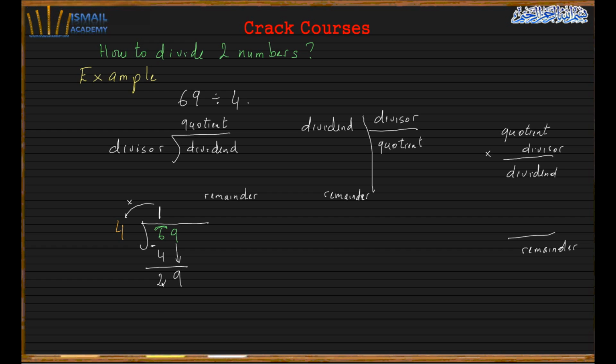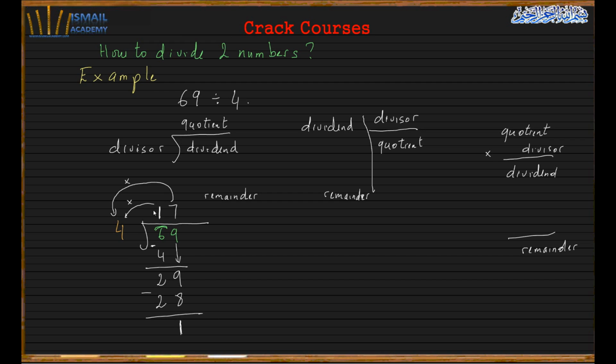So the only number times 4 that gives me a number close to 29 is 7. 7 times 4 is 28, so I'm going to put 28 here. You see, I multiply and I put it here. So I subtract. Remainder is 1. 1 is less than 4, so I will stop.